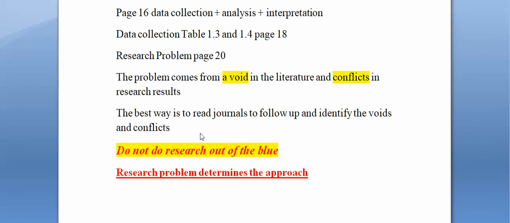Okay, this is very important. So do not conduct research out of the blue. This is difficult.